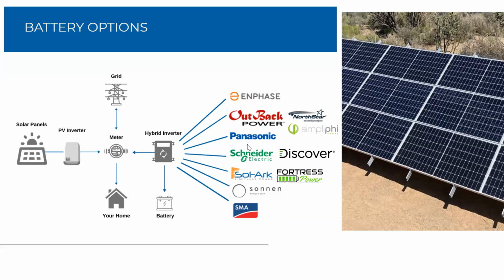Between Outback, Schneider, and Solarc, these are 48-volt DC battery agnostic solutions. So what does that mean? That means between an advanced AGM like the Northstar Blue batteries, or Simplify, or Discover batteries, or Fortress, we could pair those 4 solutions with either Outback, Schneider, or Solarc.